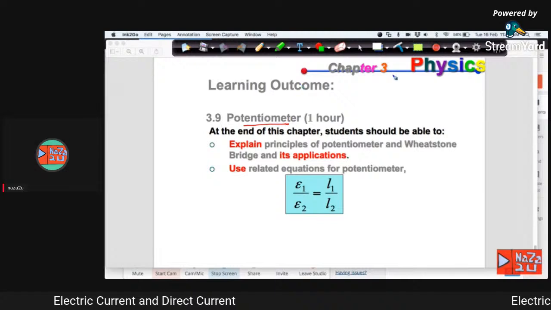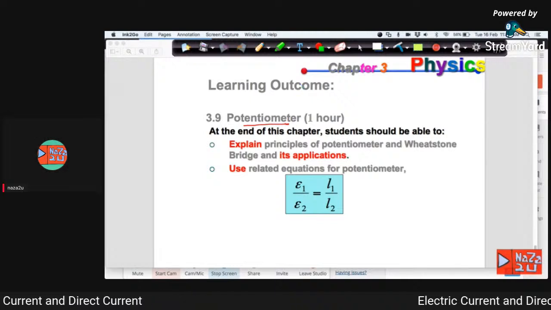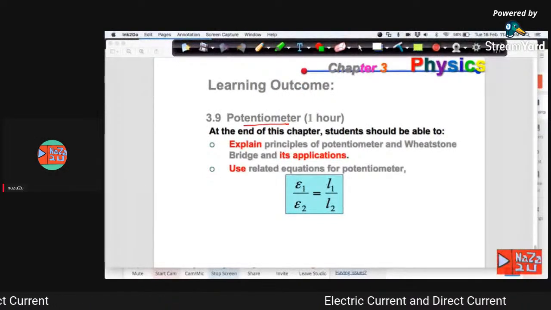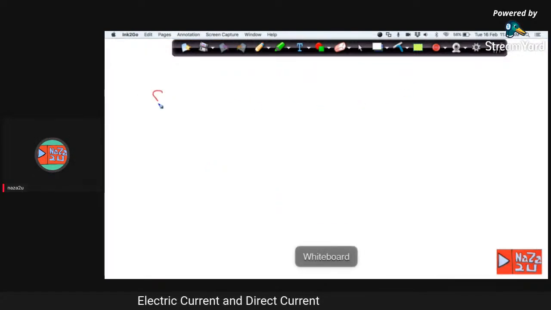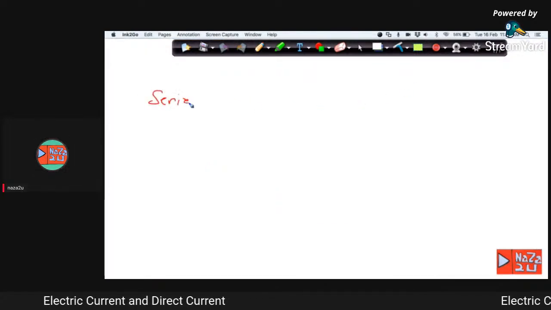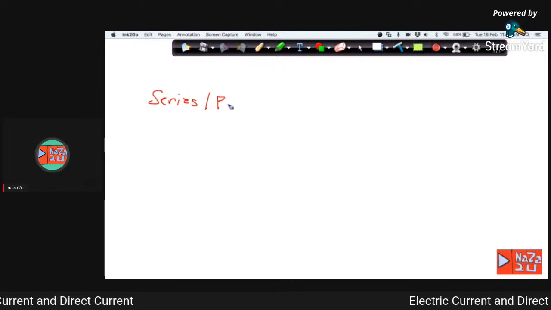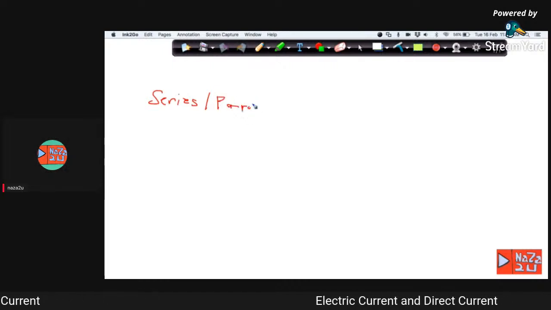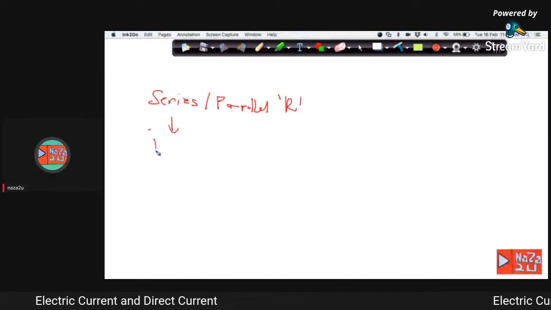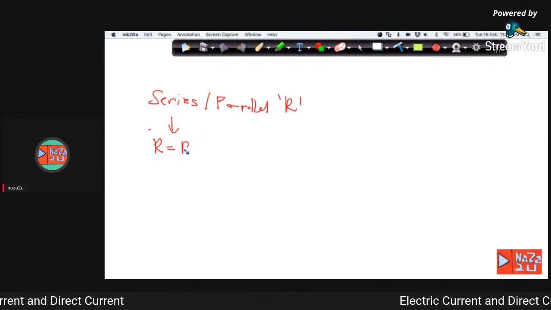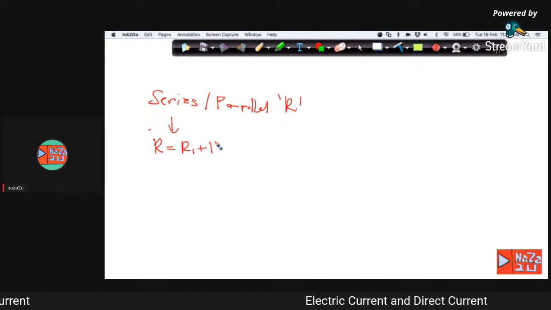Jadi untuk hari ini, okay, saya ulang balik. First kita belajar mengenai series and parallel circuit for resistor R. So for the series circuit, R is equal to total, let's say R1 plus R2, let's say we have 3 resistors.